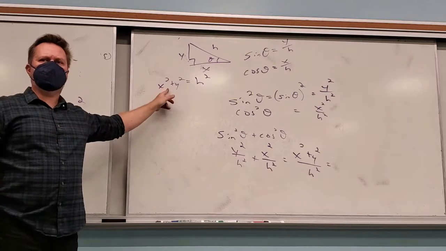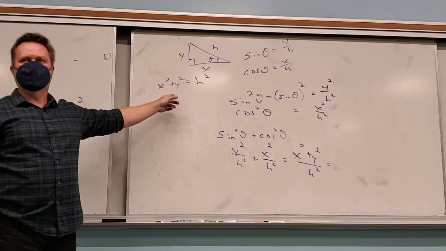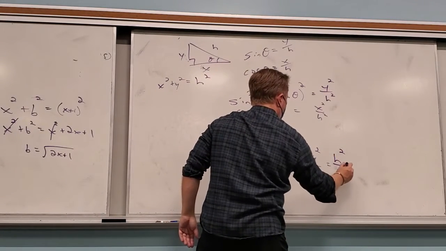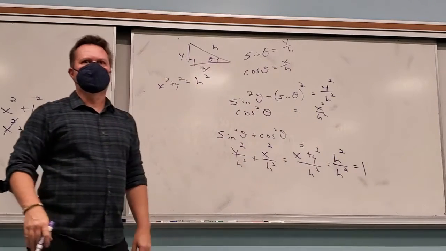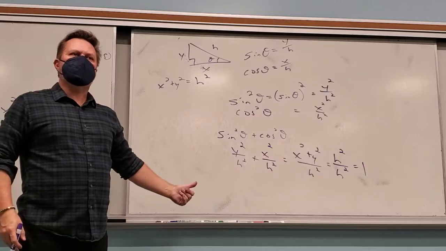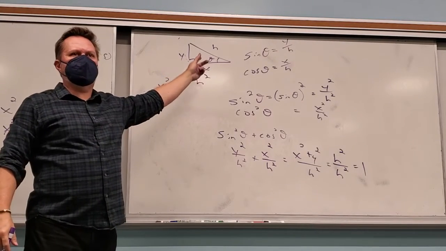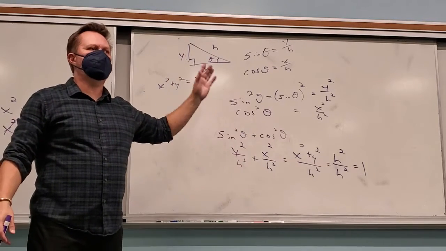But what is x squared plus y squared? H squared. So see, x squared plus y squared is h squared. What is h squared divided by h squared? 1. When is that true? Always. Because I just drew every possible right triangle that ever existed and ever will exist. So that is always true.